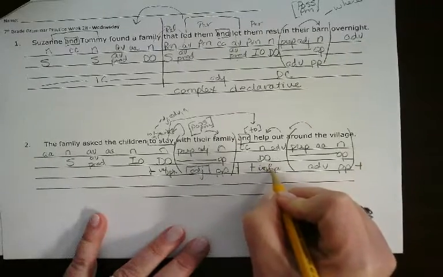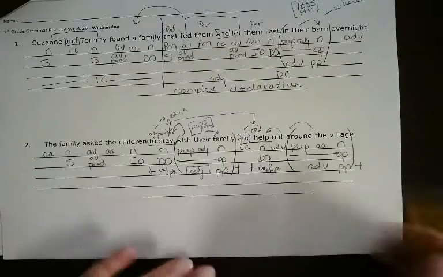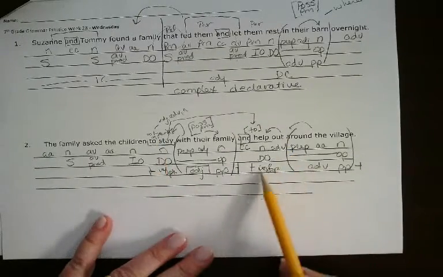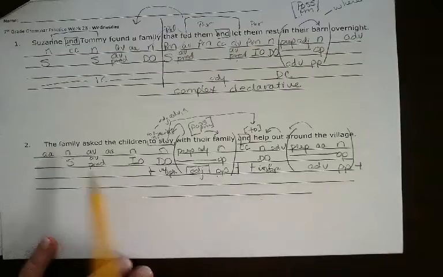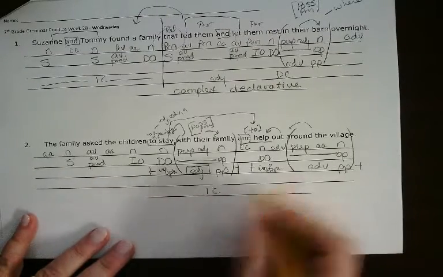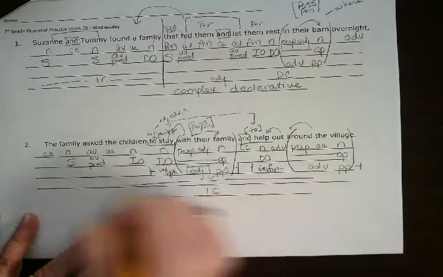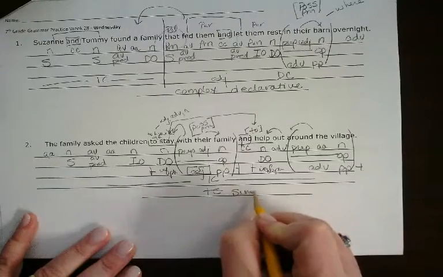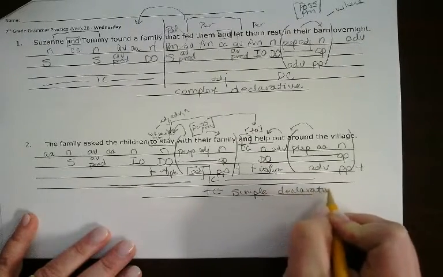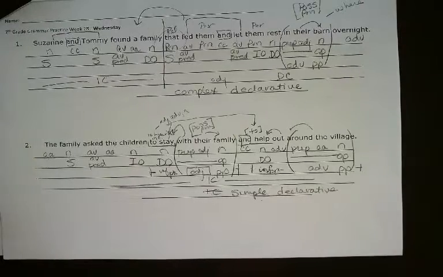Holy cow, my handwriting's getting really bad. Okay, so you've got two infinitive phrases, to stay with their family, to help out around the village. But I only have one subject predicate set, which makes it an independent clause and a simple declarative. Man, these are not simple sentences. These are complex sentences. Yes, but look at the verbals you are mastering. I love it.